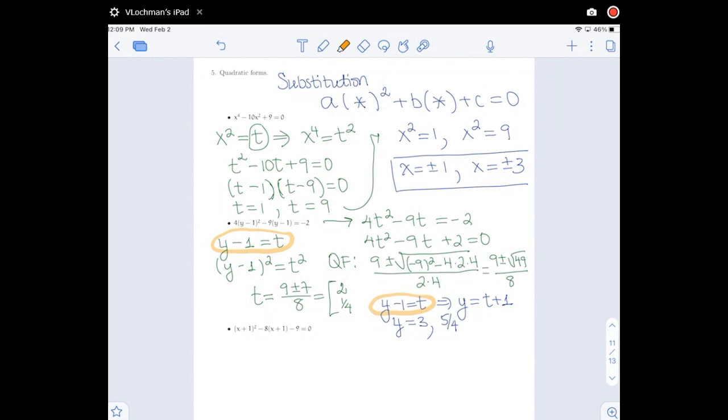So one way you could also have done this: multiply the whole thing through, right? So just multiply y minus 1 squared and negative 9 times y minus 1. Combine like terms, put it all together into the regular quadratic form, and you can still solve it that way. It's a lot longer that way. That's why we say, oh, wait a minute, we don't need to do all of that multiplication.